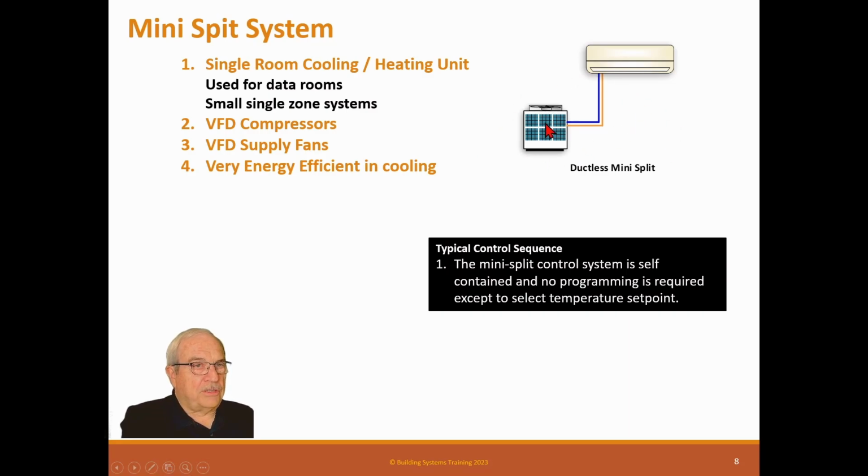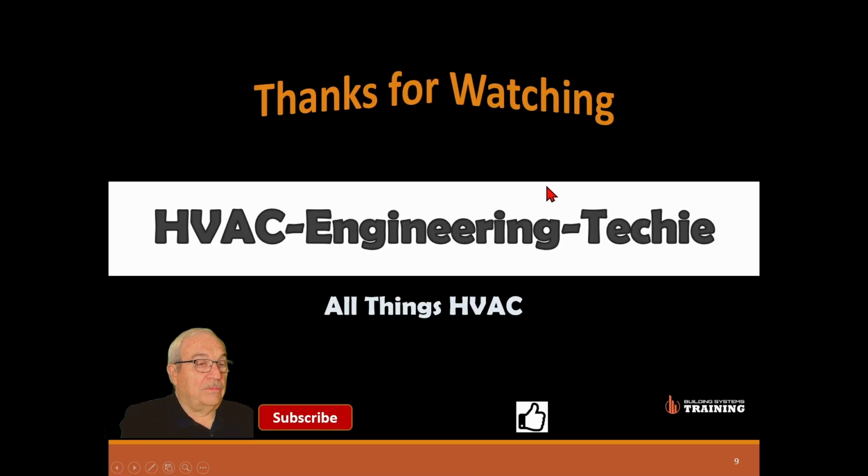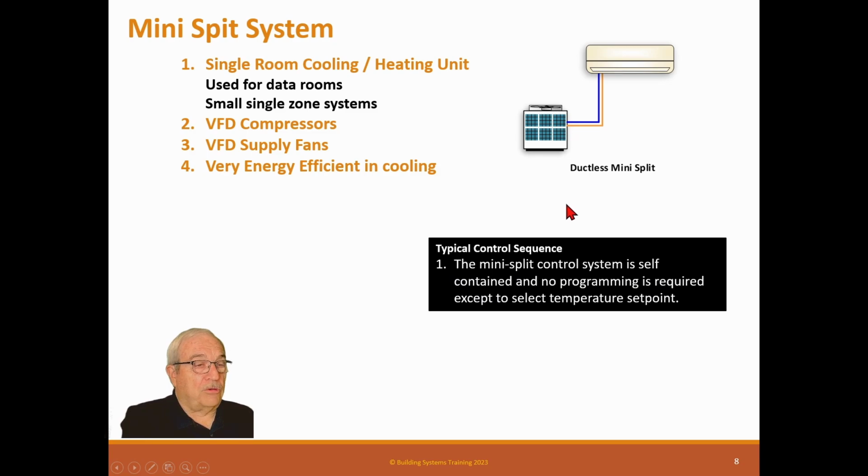Now, if you're using these commercially, we might put a thermostat in the room, a room temperature sensor, and watch that to see if this is actually doing its job. But we don't actually control anything. The unit controls itself. And mainly on a commercial system, when we normally use this, we're not stopping it because it's something that we need to run 24/7, like a data room.